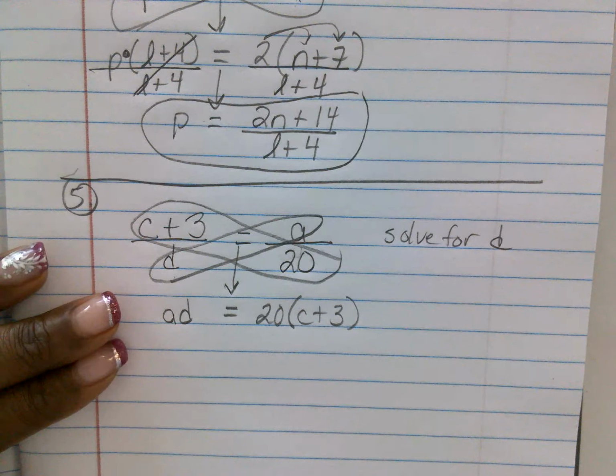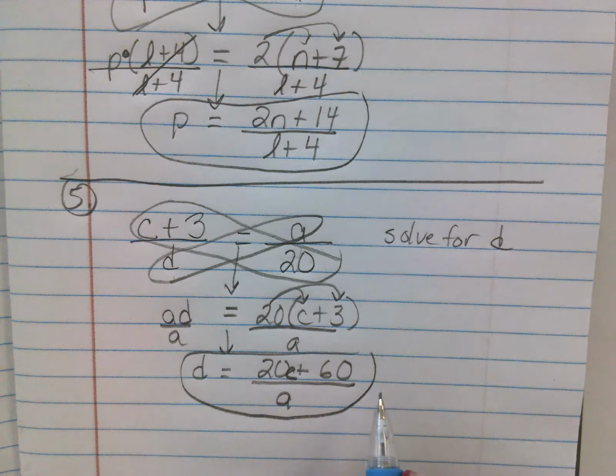Let's just simplify this. Let's multiply. So this is going to give me what on the top? 20C plus 60. Sorry, forgot the C. Divided by what? A. Raise your hand if you got that right. Perfect. All right, good job.